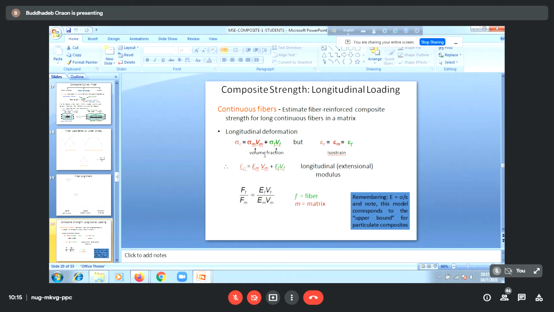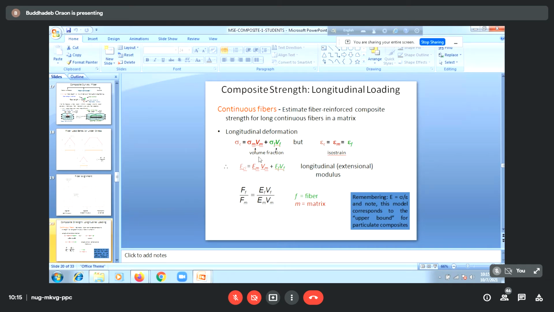Third point regarding assumptions: perfect bonding exists between the fibers and the matrix so that no slippage occurs at the interface. We assume that when you are applying load on the matrix, if the bonding is not sufficient, the matrix will actually slip over the fiber, so there will be no effective reinforcement.